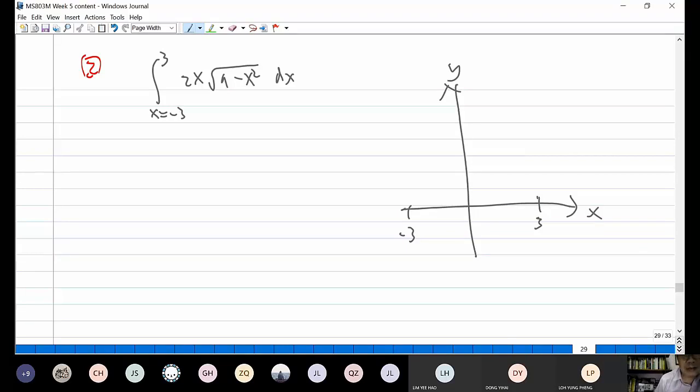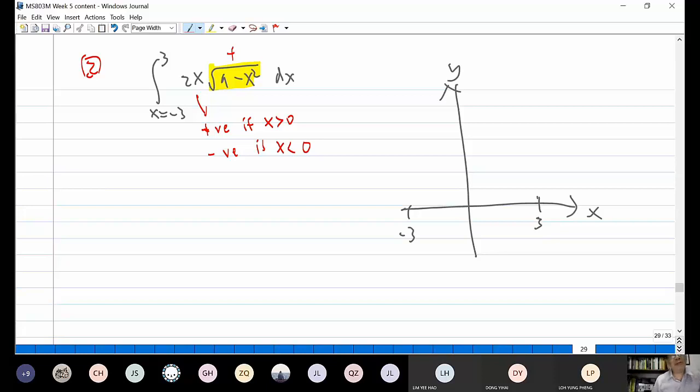Okay, so now I look at this value. I'm going to show you that this value here is positive, no matter where your x is. This one can be positive or negative: positive if x is greater than 0, negative if x is less than 0.